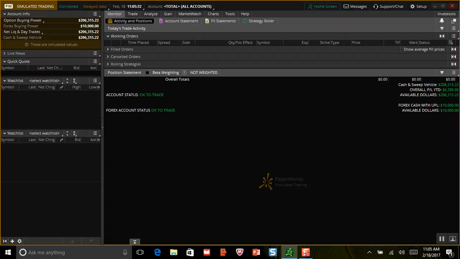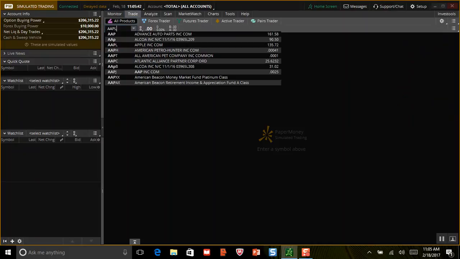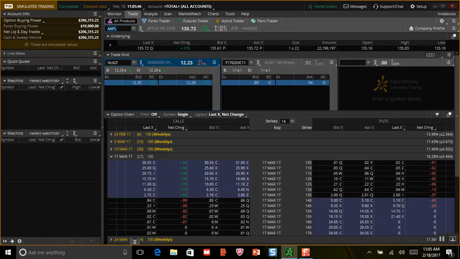So treat this as if it was your real account. And let's say I decide to buy a stock and I really like Apple, so I'll put in Apple. Hit the enter button and you can see Apple coming up right here. Okay, so this here is Apple, right?